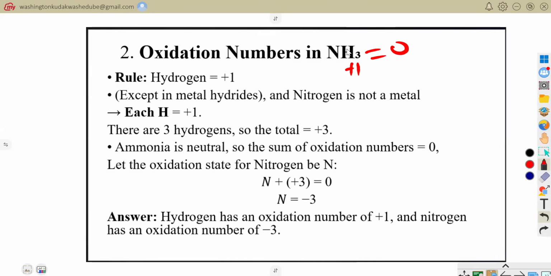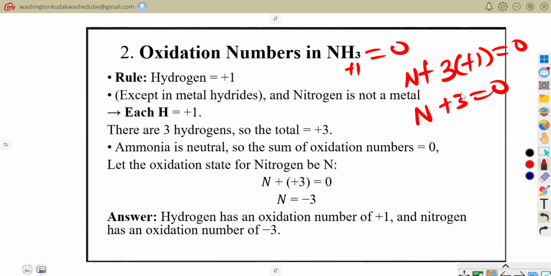Now, to calculate for nitrogen, because we already know hydrogen, we can simply say let the oxidation number for nitrogen be N. So it will be N plus 3 times +1 equal to 0. Then N plus 3 is equal to 0, so N is equal to -3.